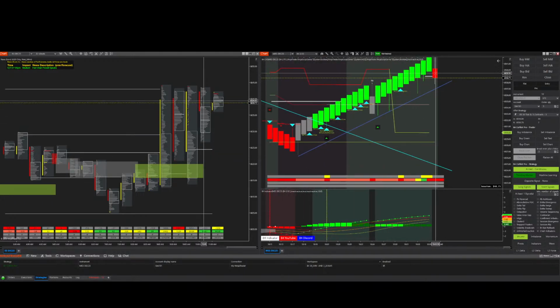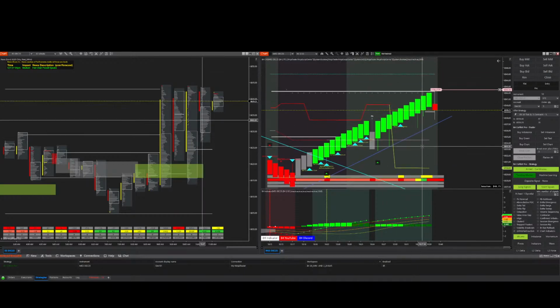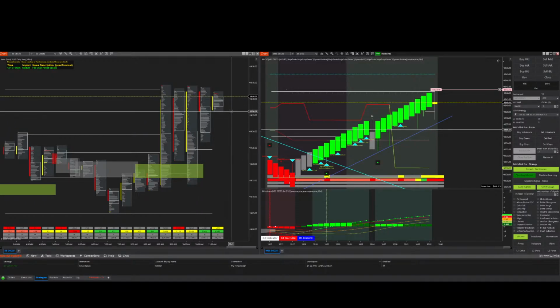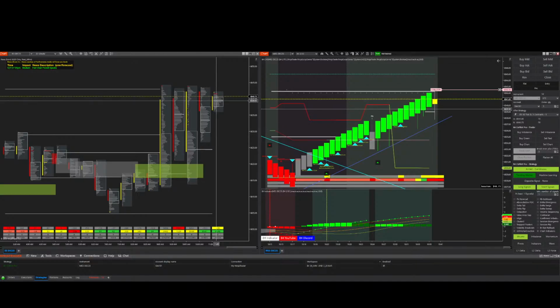You get the trend line running right there. Got some buyers interested right here.